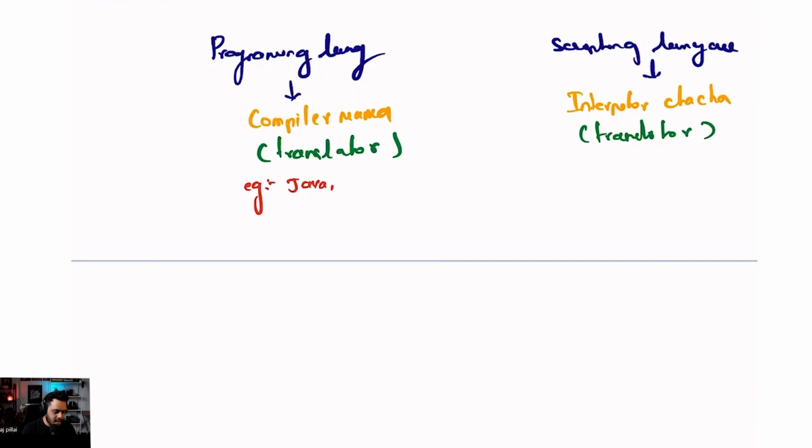Next, C uses a compiler, C++ uses a compiler, etc. Now, people who said Python is a programming language, no, Python is a scripting language. JavaScript is a scripting language. Ruby is a scripting language. So the major difference between these two kinds of languages is the underlying translator which we use.